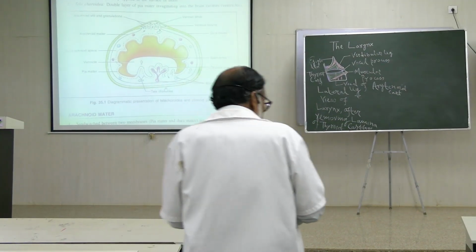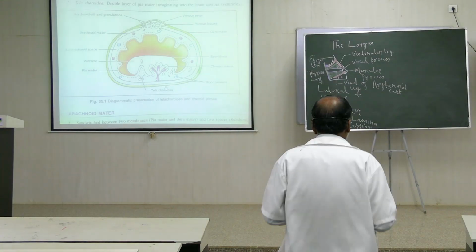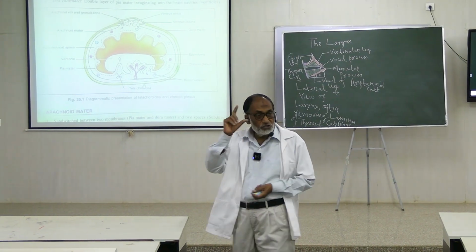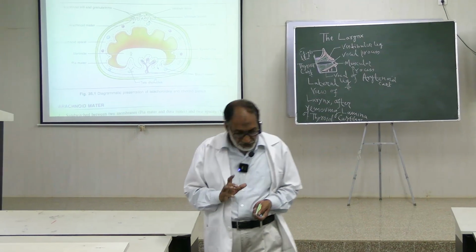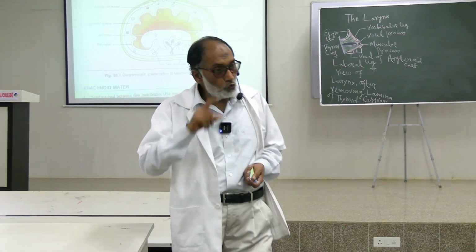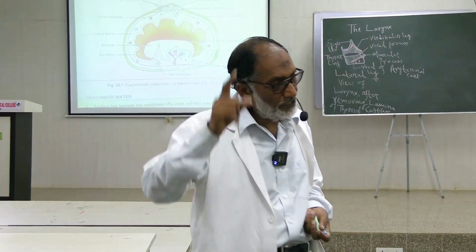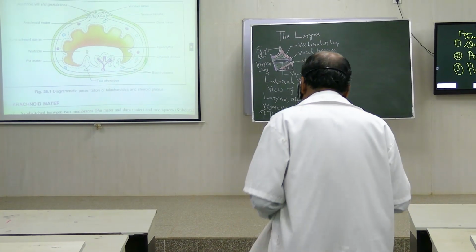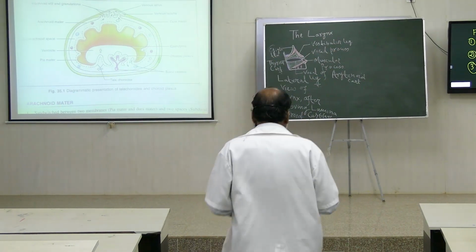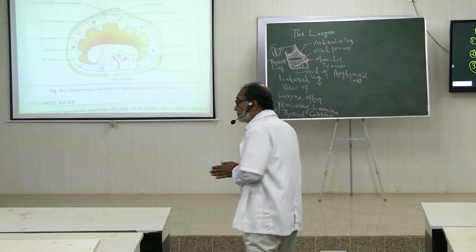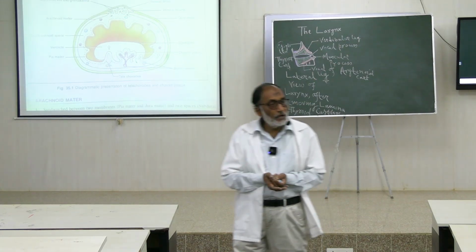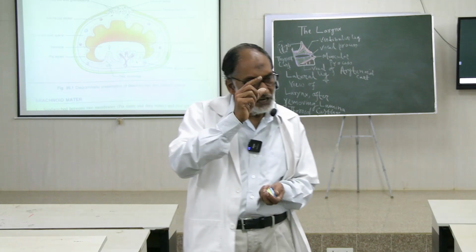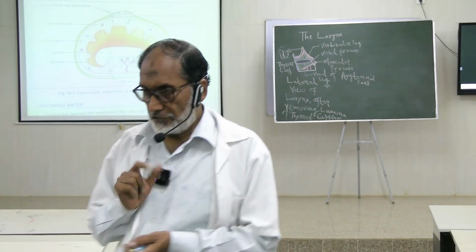Out of these, Dura mater is the most thick and tough. That's why it is also known as pachymeninges, P-A-C-H-Y. And arachnoid mater and Pia mater are thin, transparent and delicate.